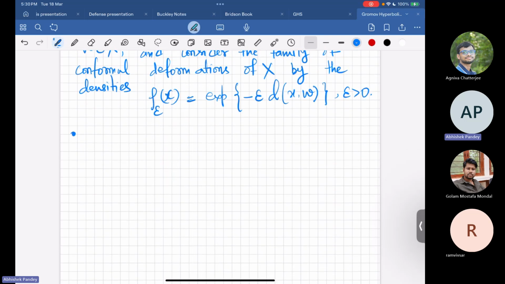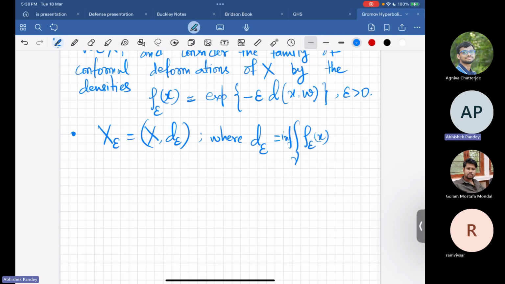Now denote by X_epsilon the space (X, d_epsilon), where d_epsilon is the metric induced by this density: the infimum over all rectifiable curves gamma joining x and y of the integral over gamma of rho_epsilon(x) ds, where ds is the length element for the metric d.